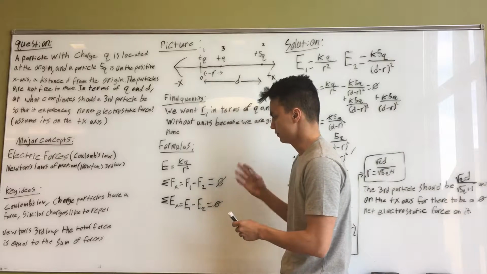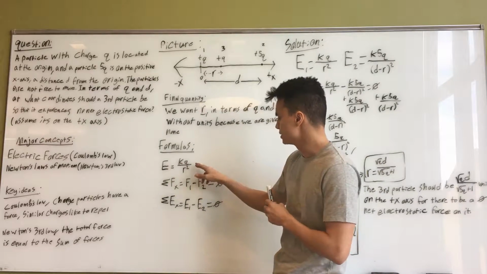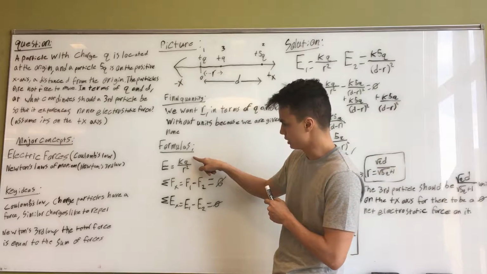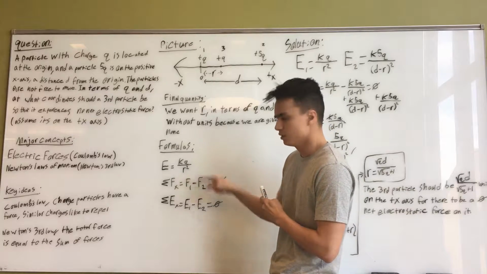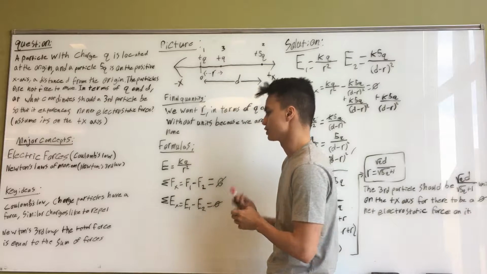So the formulas we need to know for this are: electrostatic force is equal to Coulomb's constant multiplied by the charge q, over the distance away squared, the distance from the point you're measuring, squared.